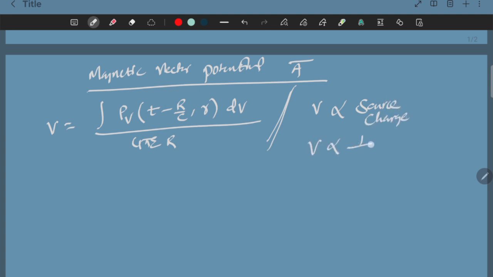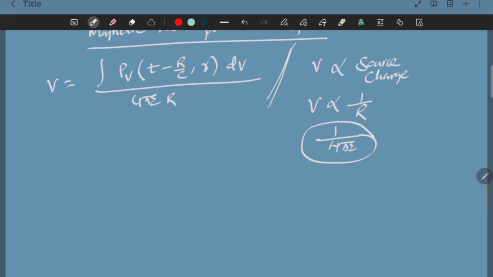V is inversely proportional to distance. And everywhere we will get 1 by 4 pi epsilon. So the response is the potential. Potential should be proportional to the source. And whether it is a scalar potential or vector potential, it changes inversely with respect to distance.